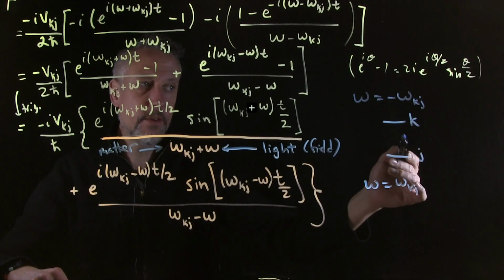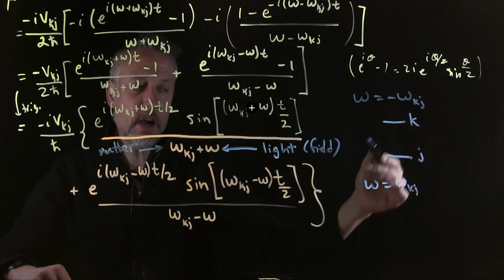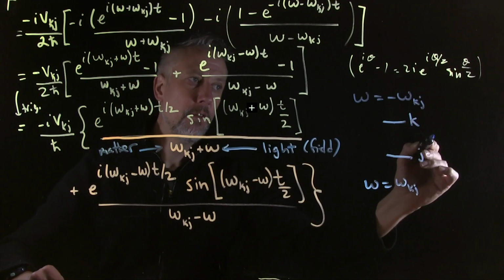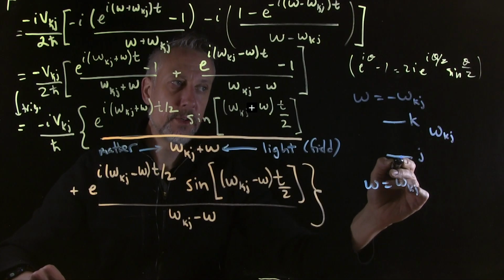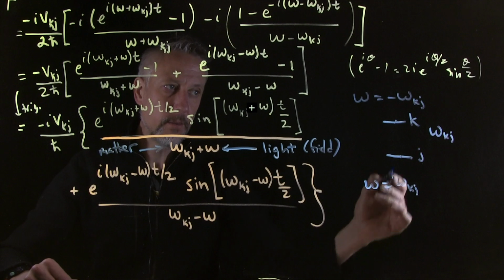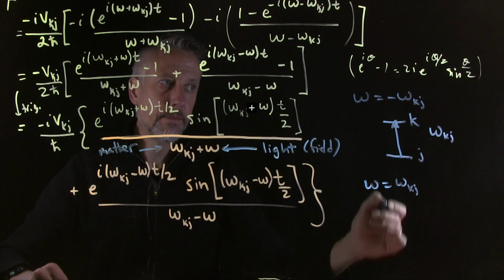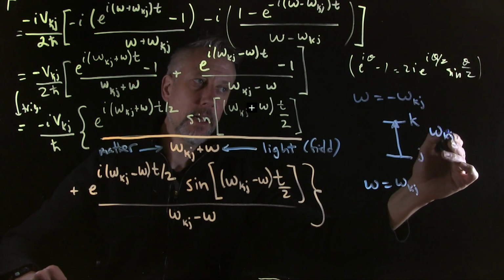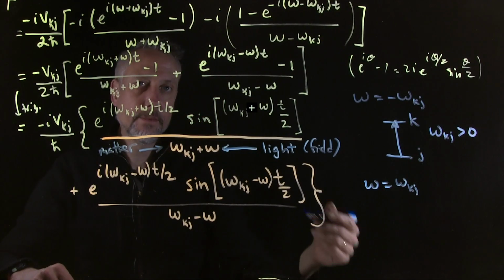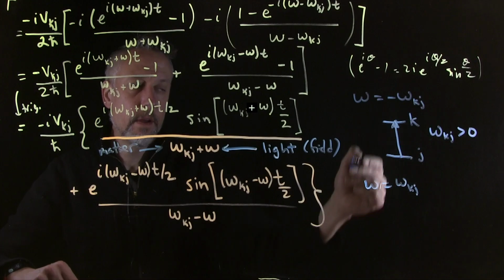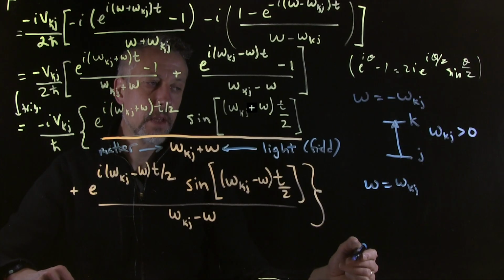In this case, of course, the energy of the k state is higher than the energy of the j state. So omega kj would mean that we're going from j to k, and we're going up in energy. And omega kj, this number, is greater than 0, and we have the term going up.